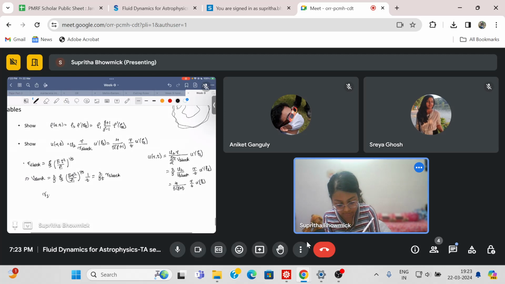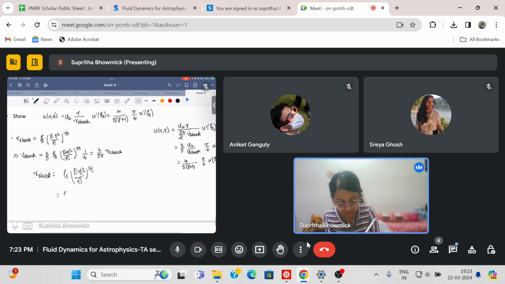So R shock is (Et²/ρ1)^(1/5). You differentiate this once with respect to time. What do you get? R prime is (E/ρ1)^(1/5) times 2/5 times t to the power of 2/5 minus 1.